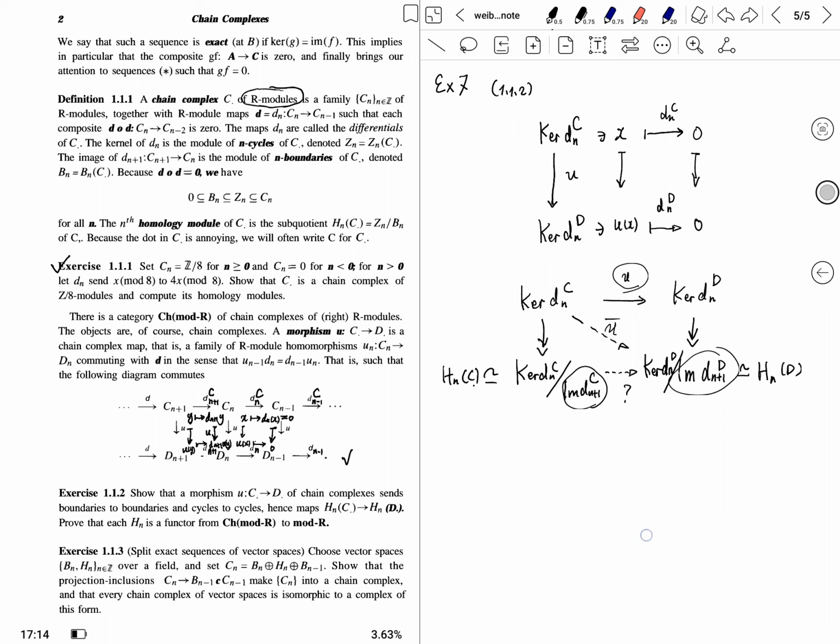This is again the case, again by the commutative diagram, because start with any element in Cn plus 1. For any element y in Cn plus 1, this is mapped to Dn plus 1 y, and so this is u of y, and by the commutative diagram this is again mapped to Dn plus 1 of u of y, but this is also the same as u of Dn plus 1 y.